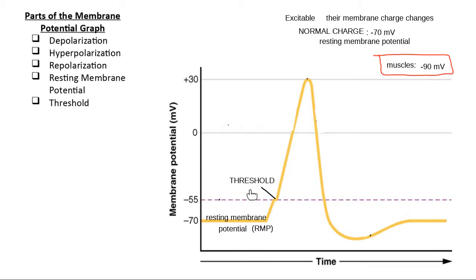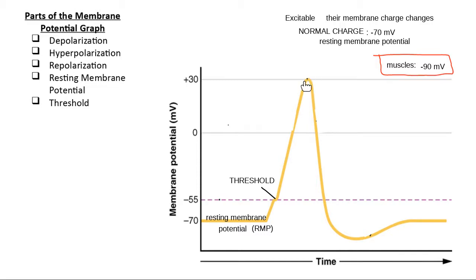Remember, way back from unit 1, that if my membrane charge gets all the way to negative 55, we are now far enough away from normal that my voltage-gated channels are going to open up. Those ones that if the charge is wrong, they freak out, right? That's voltage-gated. Threshold is where voltage-gated sodium channels open up. And when they open up, all the sodium rushes inside till we get all the way up here to the top of my graph.